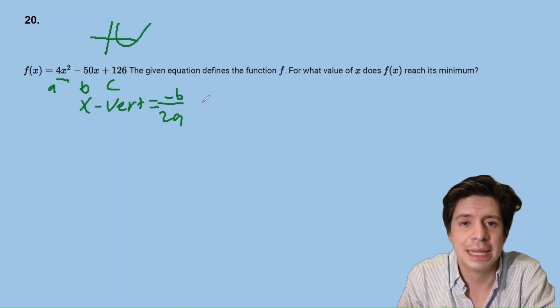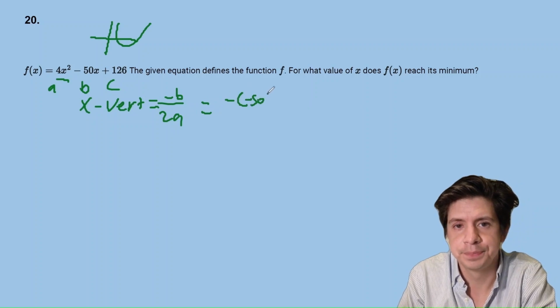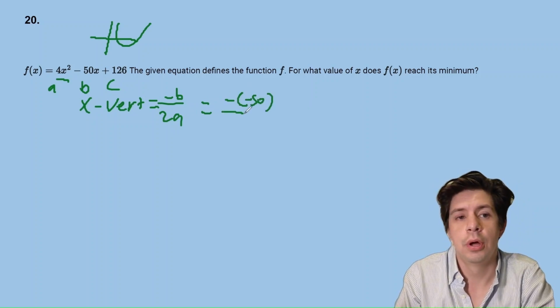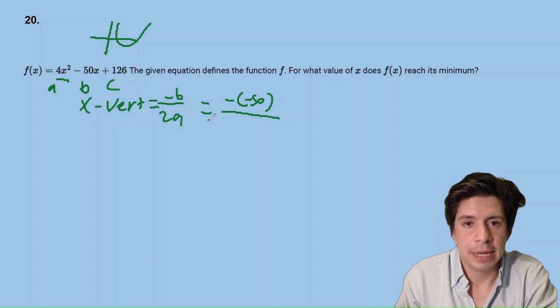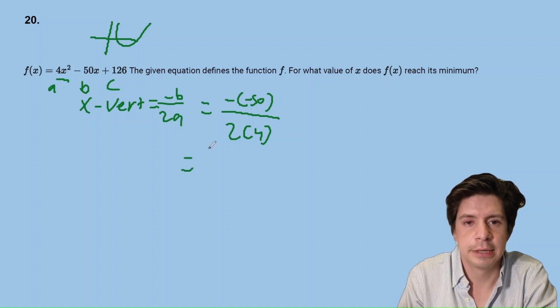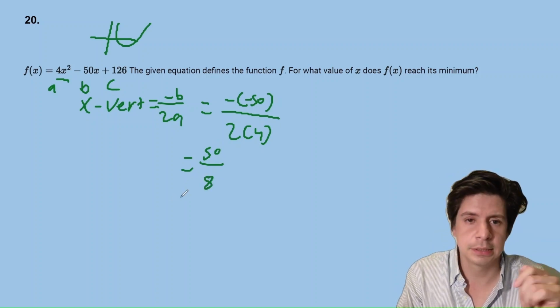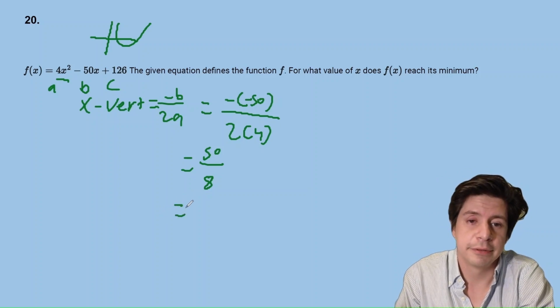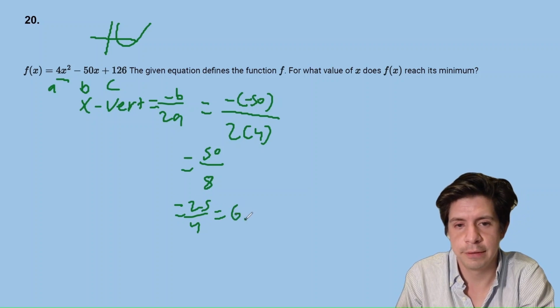So we're going to do negative b, so it's going to be negative negative 50, all over 2a, so all over 2 times 4, okay? And 2 times 4 is 8, so that's 50 over 8. And we can simplify that to 25 over 4, or 6.25, okay?